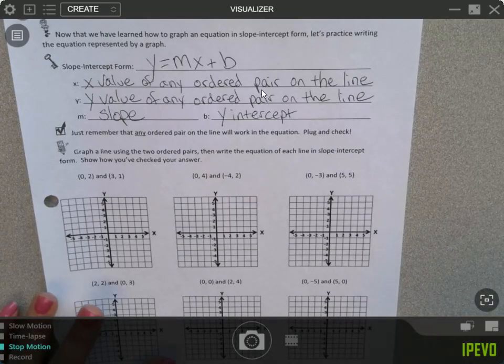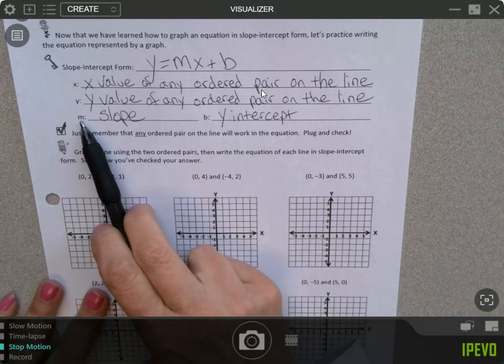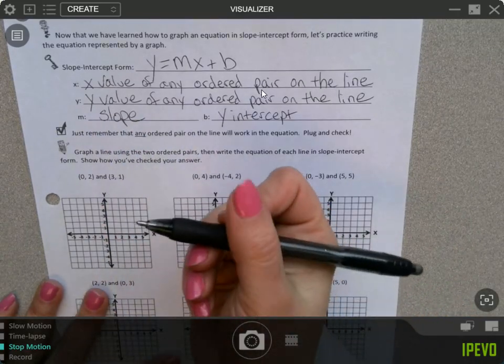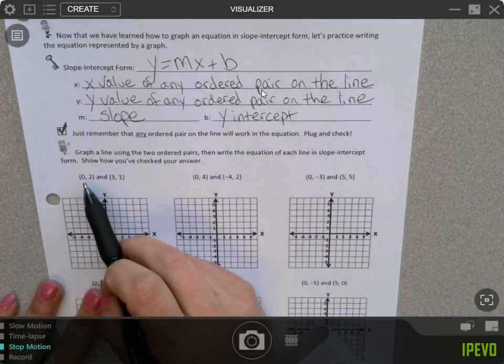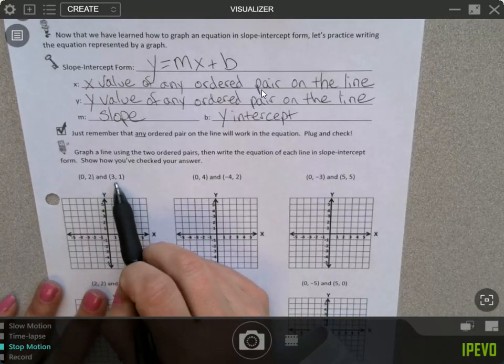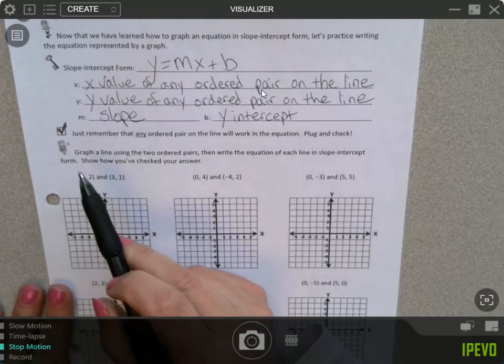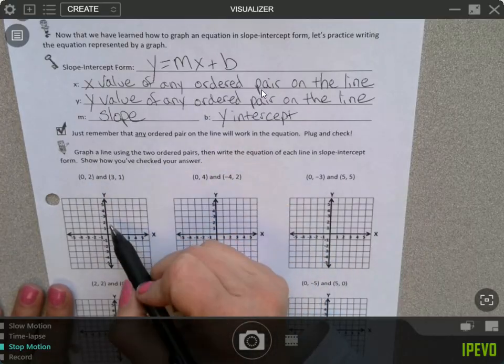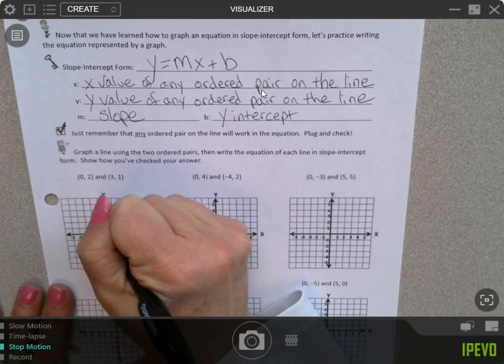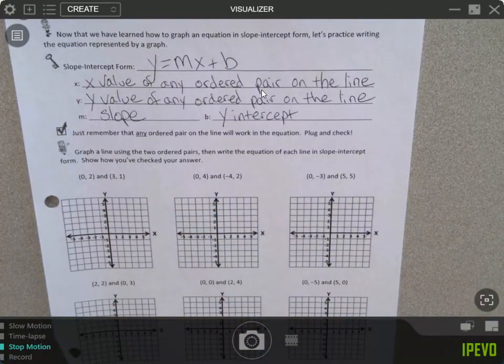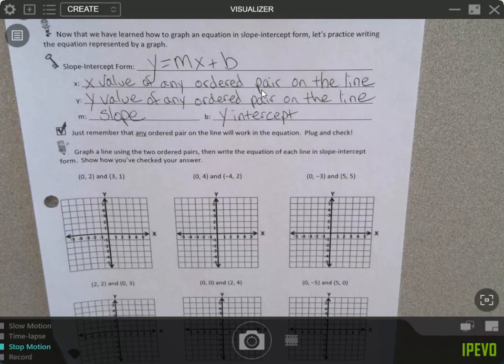So the first thing we want to do is find our slope and our y-intercept. Well, actually, I take that back. First thing we want to do is graph, right? So our first one is (0, 2). I wonder if I have a different colored pen I can use so it'll show up better.